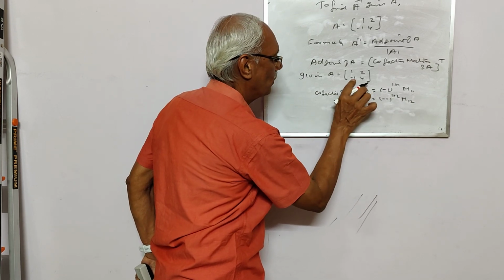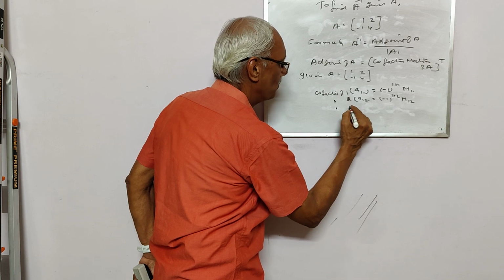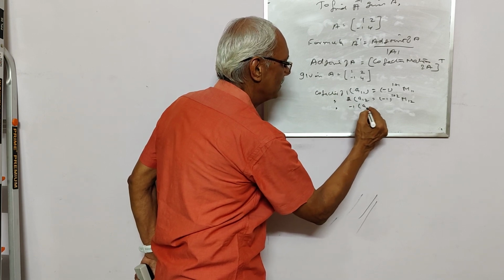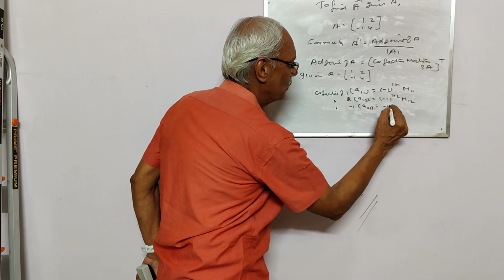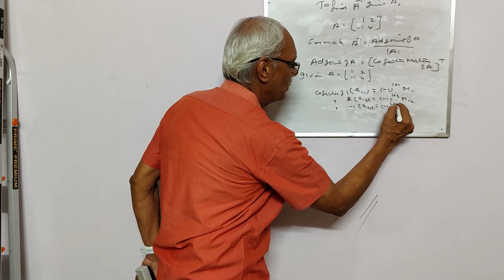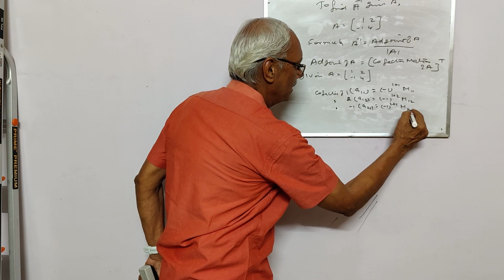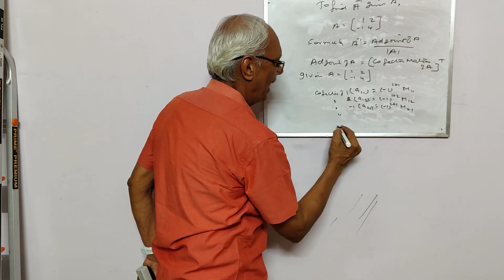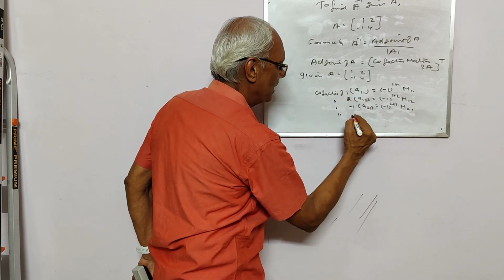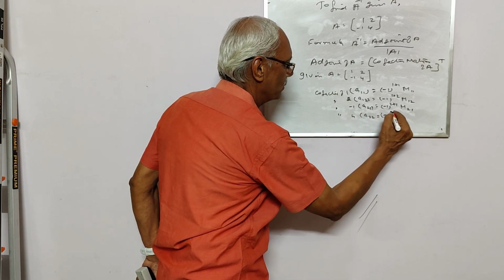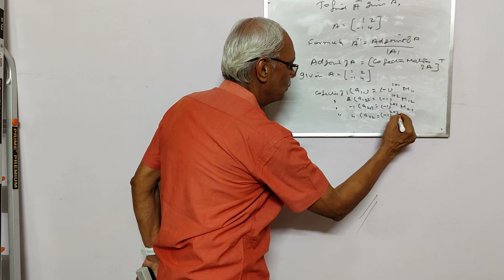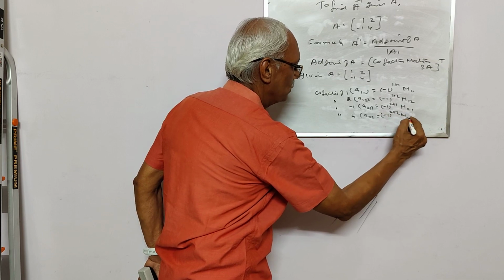The cofactor of minus 1, which is A21, is minus 1 to the power of 2 plus 1 into M21. And the cofactor of 4, which is A22, is minus 1 to the power of 2 plus 2 into M22.